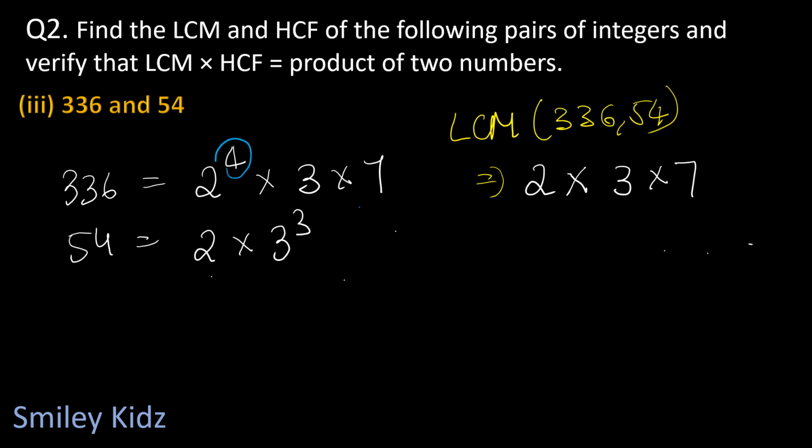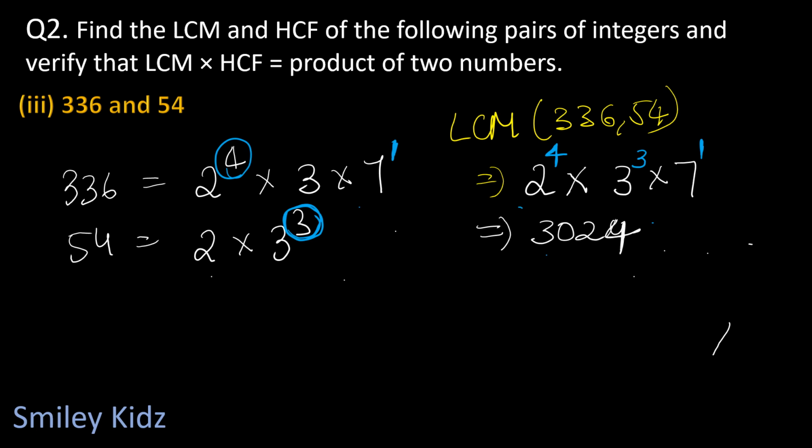The highest power of 2 is 4. And what is the highest power of 3? The highest power of 3 is 3 itself. Then we have 7, whose highest power is 1. Now the LCM will be equal to 3024.